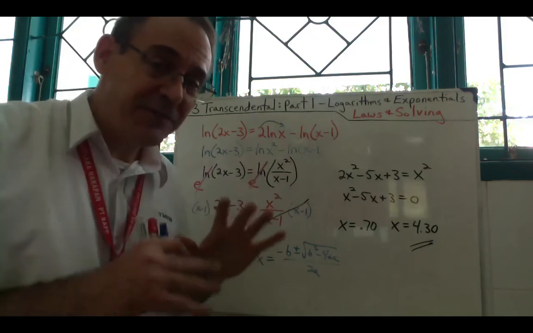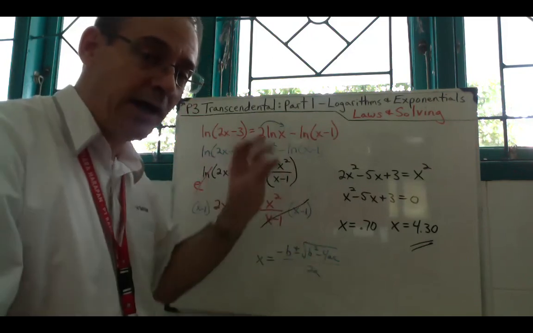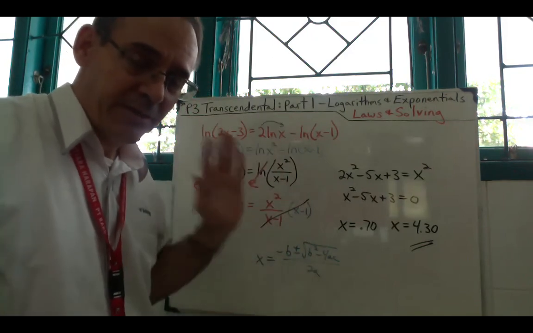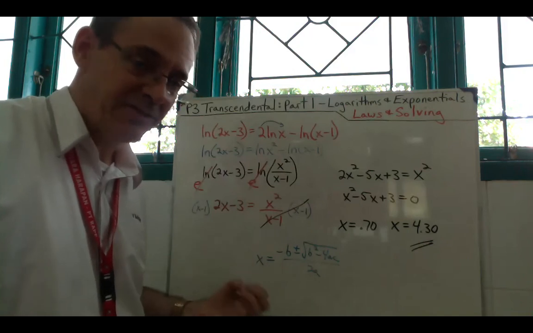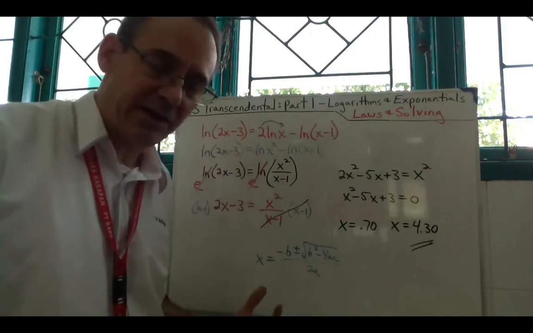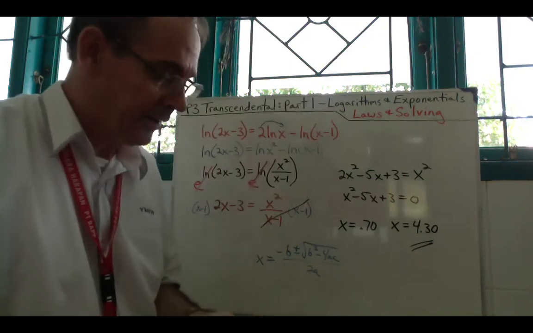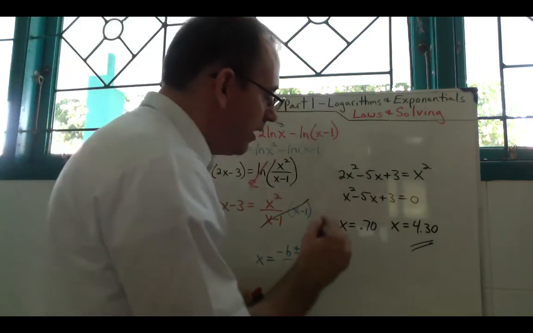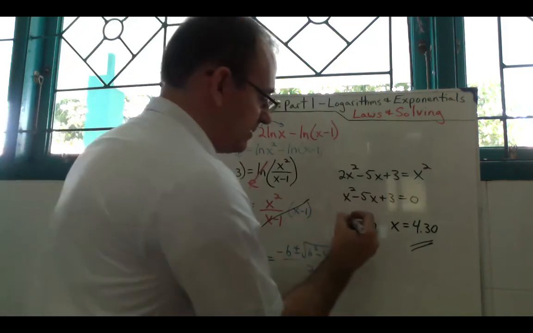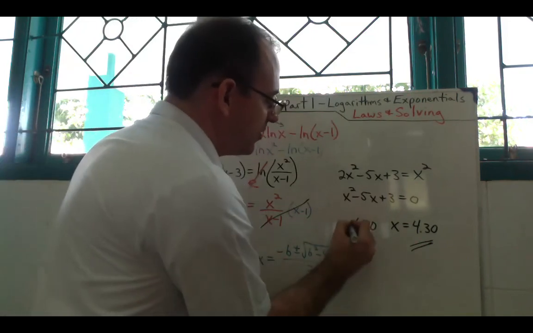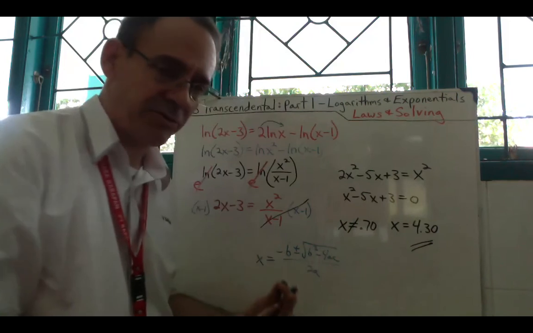So if it fails any one of those logarithms, then you have to throw out the answer. Because if you tried to plug it in on your calculator back into the original equation, you're going to get an error message. So you need to recognize that the 0.7 does not work and you need to throw it out.